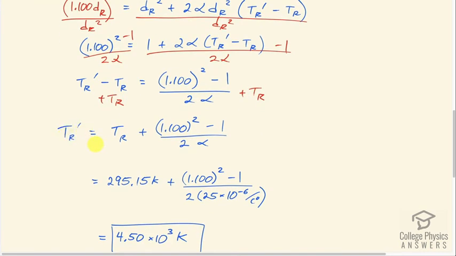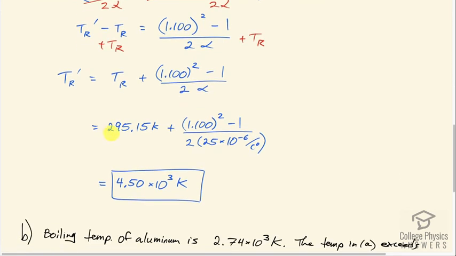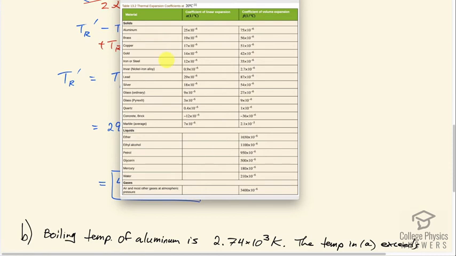So tr prime is the initial temperature of the rod plus 1.1 squared minus 1 over 2 alpha. That's 295.15 Kelvin, the initial temperature of the rod, plus 1.1 squared minus 1 over 2 times this coefficient of linear expansion for aluminum that we found in table 13.2, and it's 25 times 10 to the minus 6 per Celsius degree.